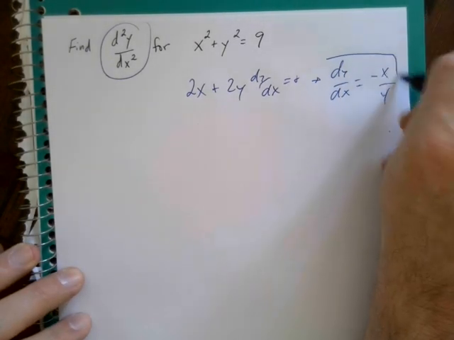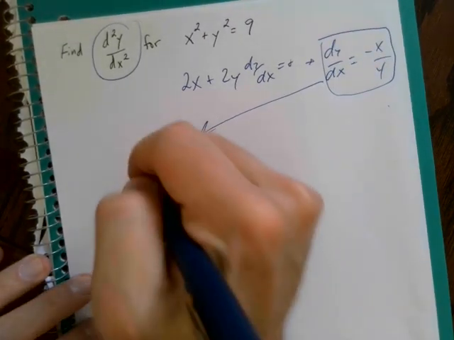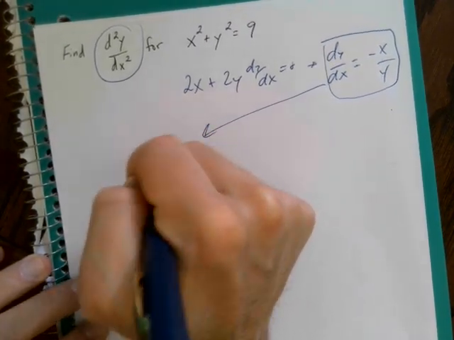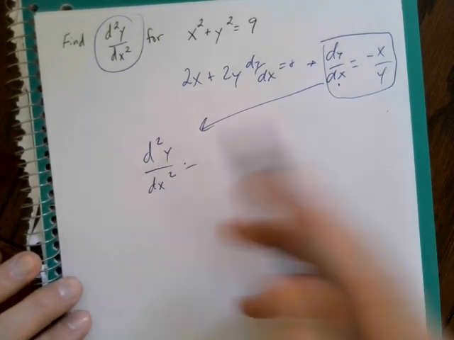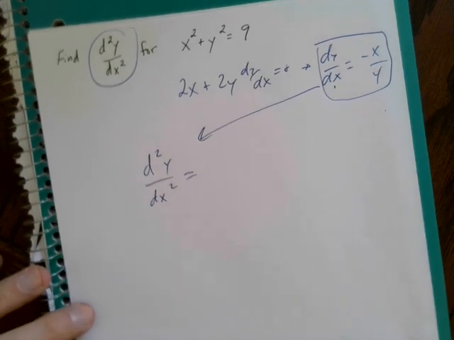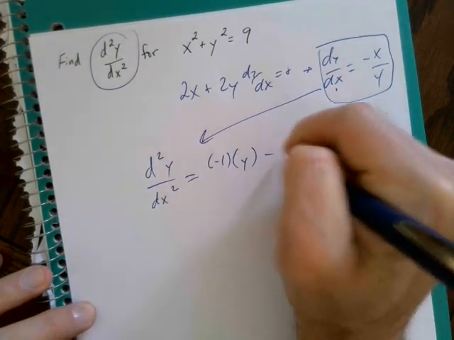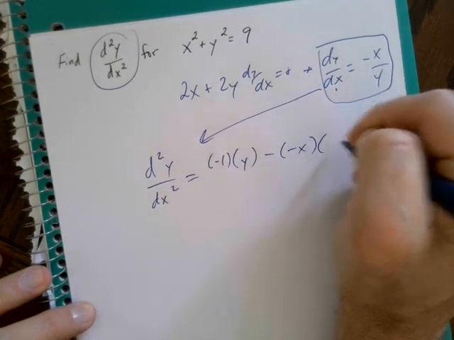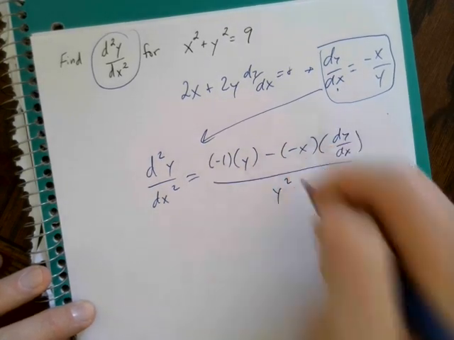And then we take this and we differentiate that again. dy/dx differentiates to the second derivative. So dy/dx differentiates to that. Negative x over y is the quotient rule. So the derivative of the numerator times the denominator minus the numerator times the derivative of the denominator over the bottom squared.